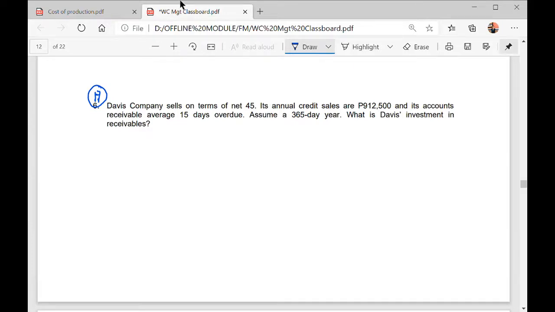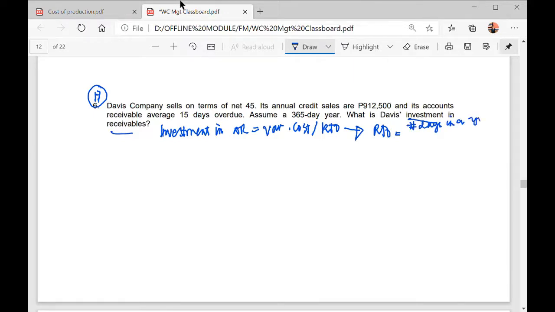Okay, so next it asks, what is the investment in receivables? Remember the formula in our example: investment in AR is equivalent to the variable cost over the RTO. How do you compute the RTO? The RTO is equivalent to the number of days in a year, depending on the requirements of the problem, over the AR days, or your average collection period.